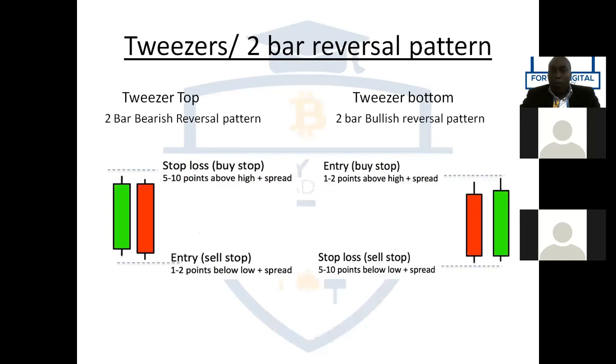Then we have the tweezer top and the tweezer bottom. Tweezer top is bearish. When you see it, you should see it in a resistance area, far away from the moving averages in an uptrend, and in a downtrend seated on the moving averages, because it is bearish. And when you see tweezer top, just know the price can revert to the downside. Then tweezer bottom is bullish.